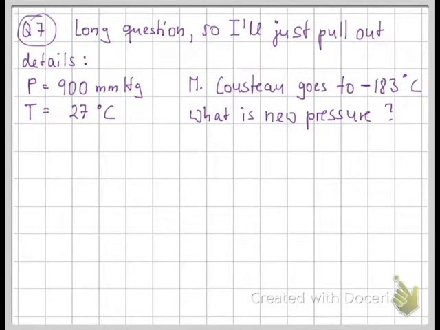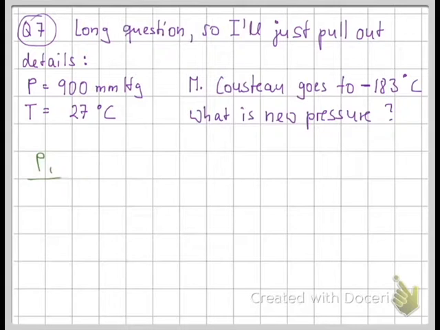Again, this deals with temperatures, so you want to make sure you're working with Kelvin, and the law that relates pressure and temperature is Amontons' or Gay-Lussac's. They both figured out this law and were given credit for it.